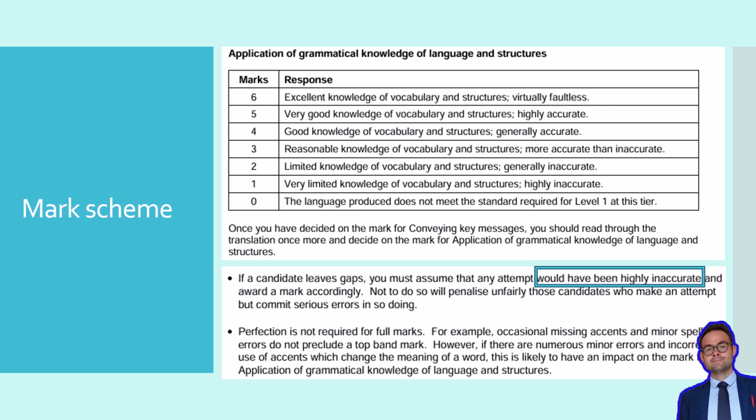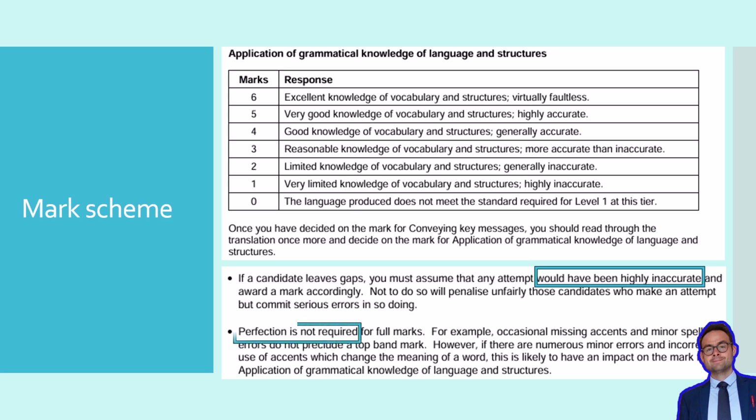So they assume it would have been highly inaccurate, which is a 1 out of 6. Obviously that's not for the whole text, but it's just going to form part of the impression that the examiner has of you. So gaps are really the worst thing you can do in this. Just try and make an educated guess if you're really not sure.